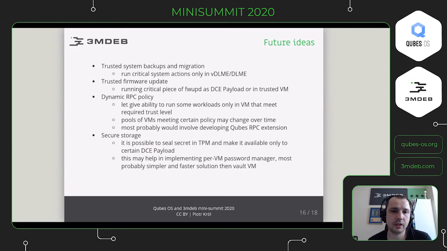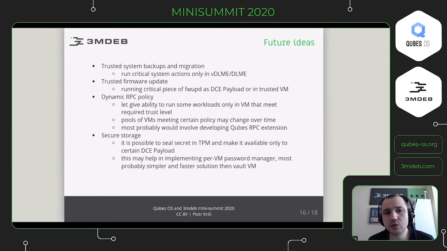Then we have something we're doing right now for Qubes OS, which is the fwupd implementation. But we can imagine that fwupd is run in D-RTM. Of course, the question is what the access to hardware is, but we can extract the critical part of fwupd and put that in this trusted environment.